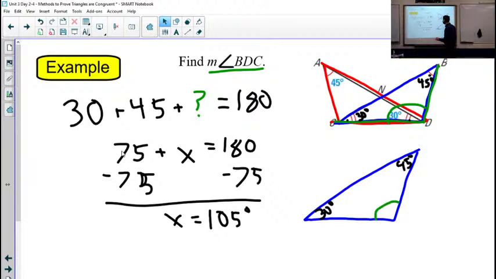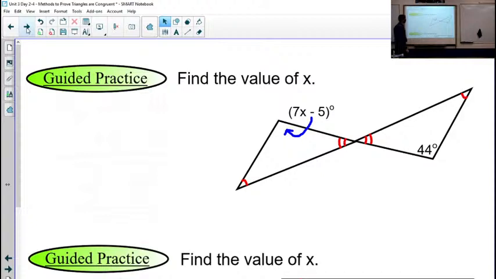Let's start off one more. Find the value of x. This is another use of the third angle theorem. I marked this pair of angles being congruent. I marked this pair of angles being congruent as well, but I actually didn't need to.